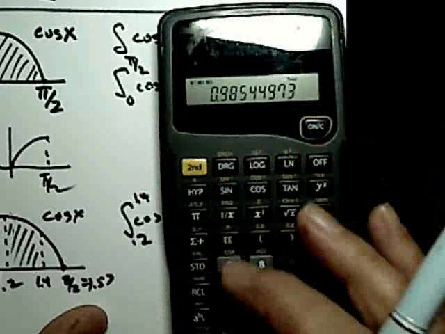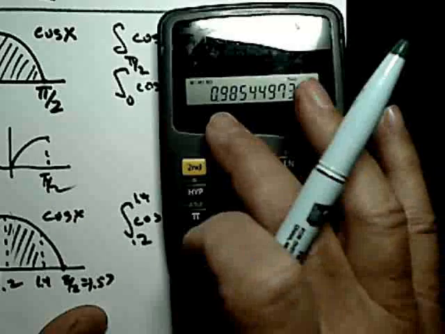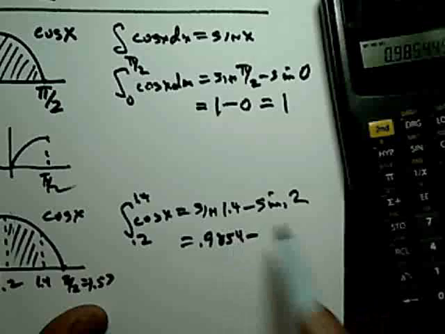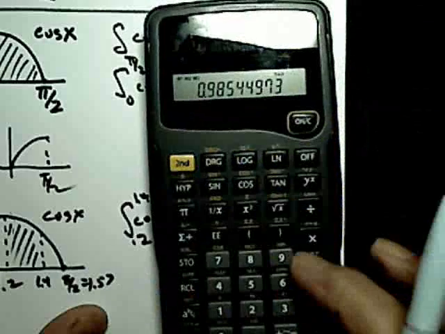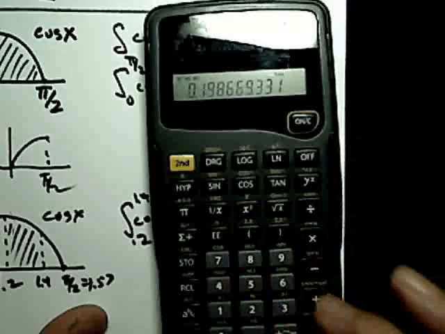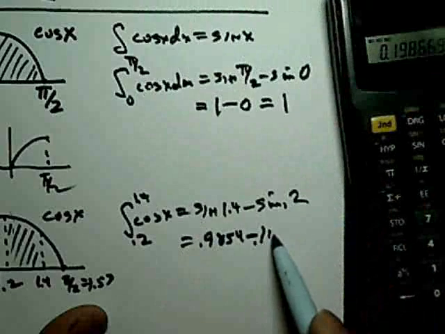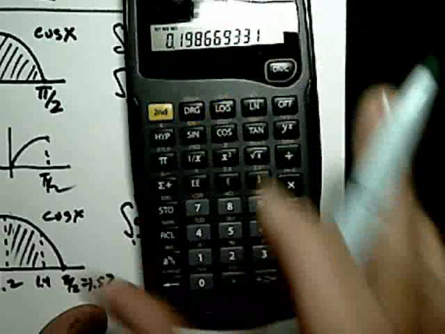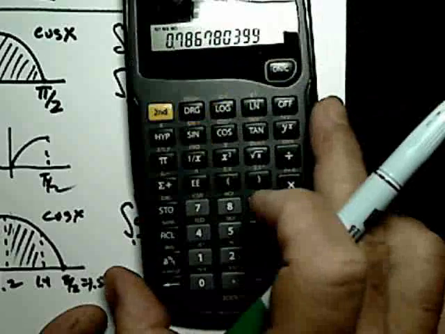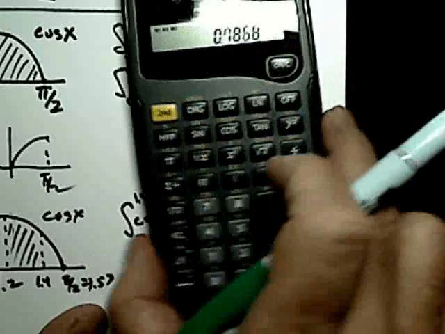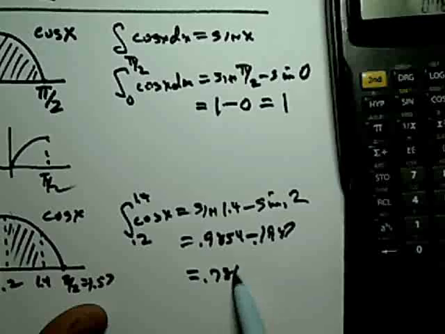That's 0.9854. I'm just going to write it down. And then I'm going to subtract, take 0.2, take the sine of that, which is 0.1987, and hit the equal sign, and that should be the answer. 0.7, if I fix this to 4 decimal places, 0.7868.